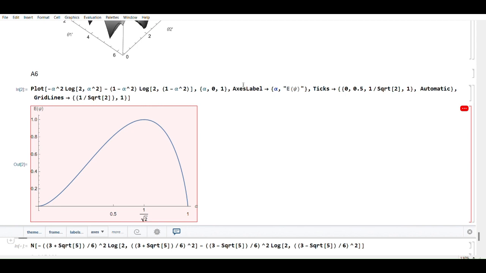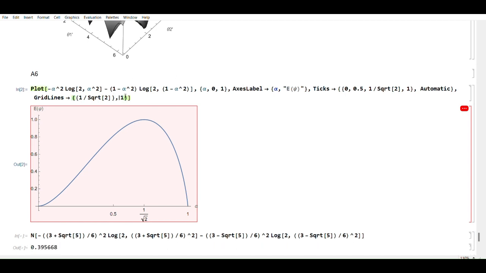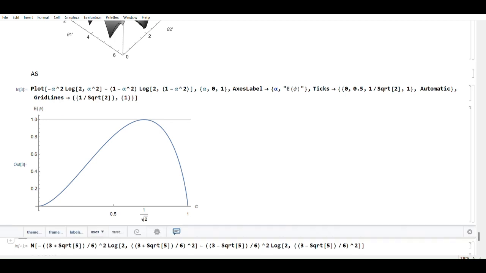I don't know why the stuff is not working. Yeah, now it is working. See? Okay, so at 1 over root 2, you see the maximum value, which is 1. Now I've drawn the grid lines, and that's where it is showing up. Fine. So that's that for this question.